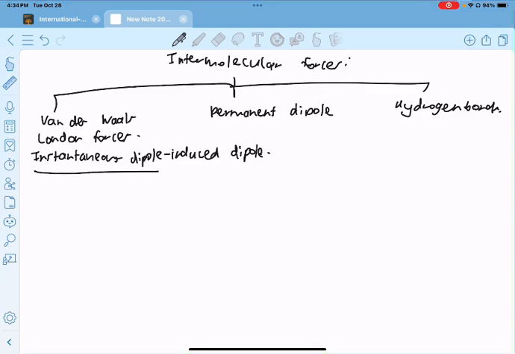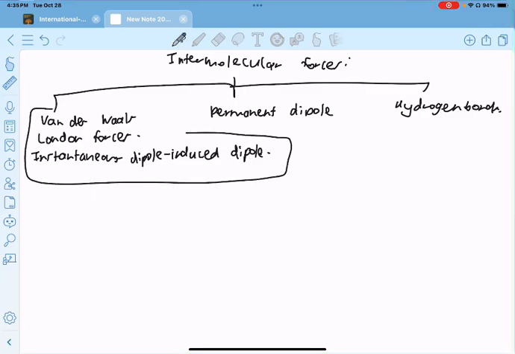Now, this is going to be the weakest type of intermolecular force.